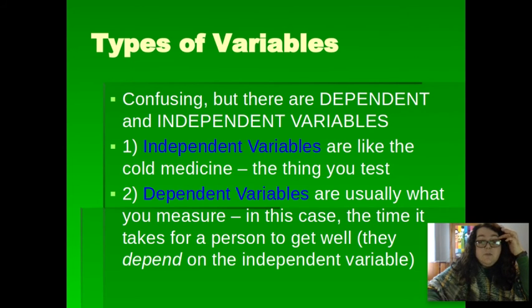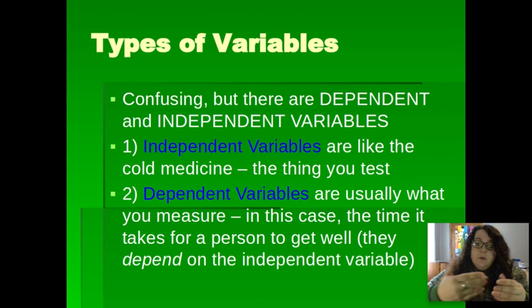And then there's another type of variable called a controlled variable. And these are things that you intentionally do not change. So it's like if this was a different example, if we were growing plants and we wanted to test to see if different amounts of water change the amount of growth. So if we're just changing the amount of water, we have to keep the sunlight the same.